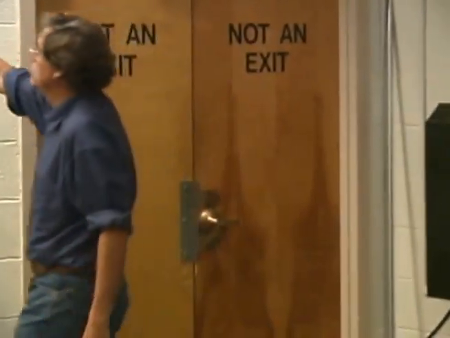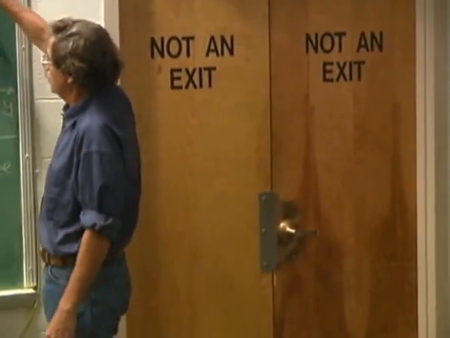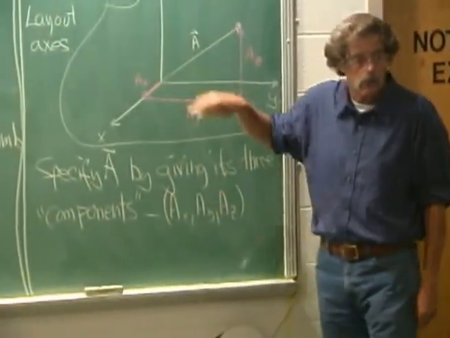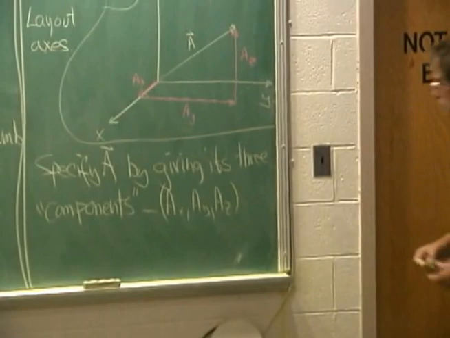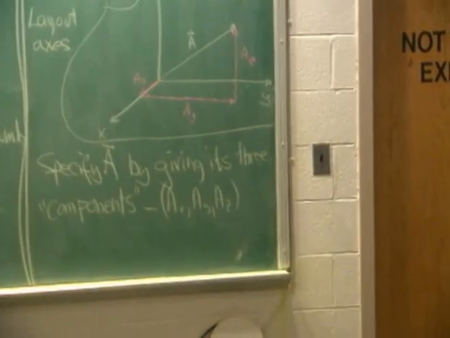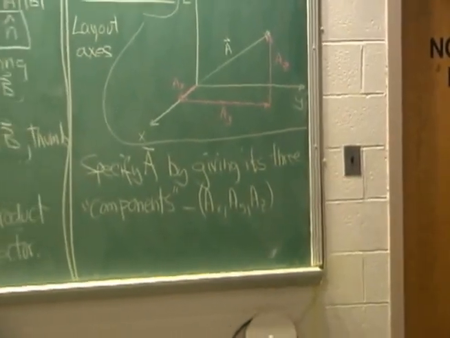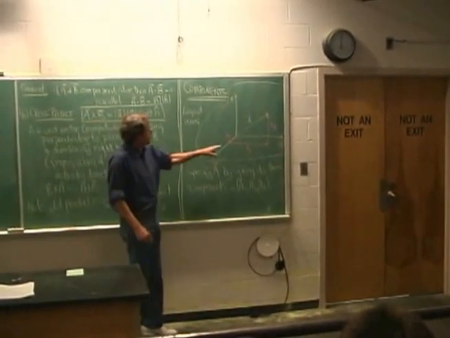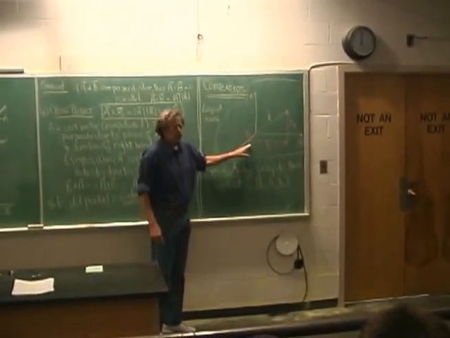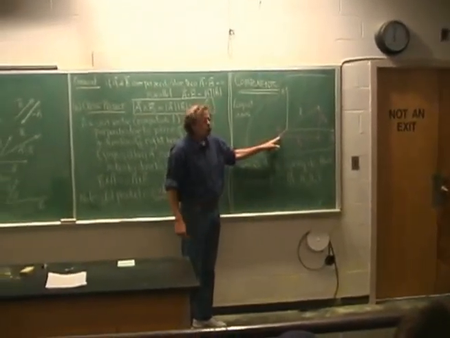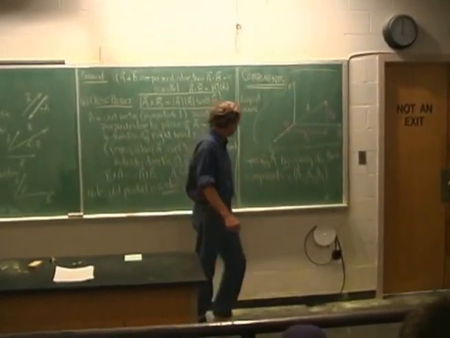Of course, if the vector was sitting up here originally, I would slide it down so that its tail is at the origin first, but I can always do that. Actually, it's traditional to introduce at this point three unit vectors, pointing along the direction of the three coordinate axes.